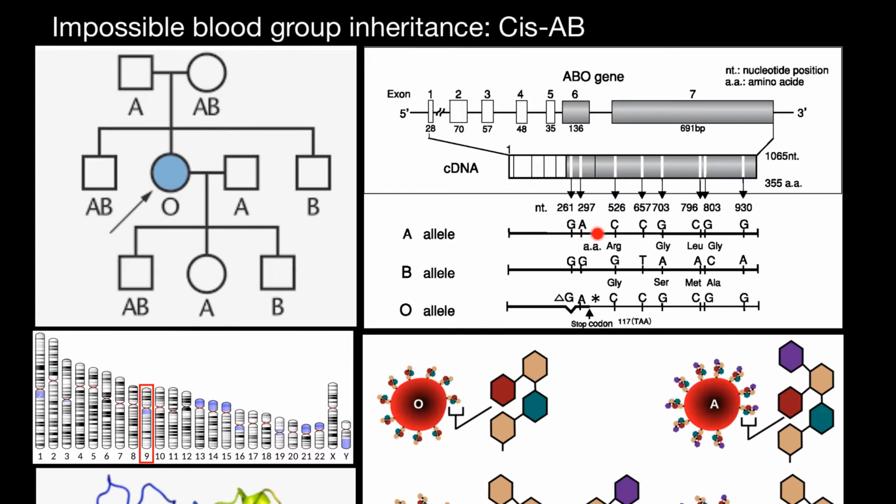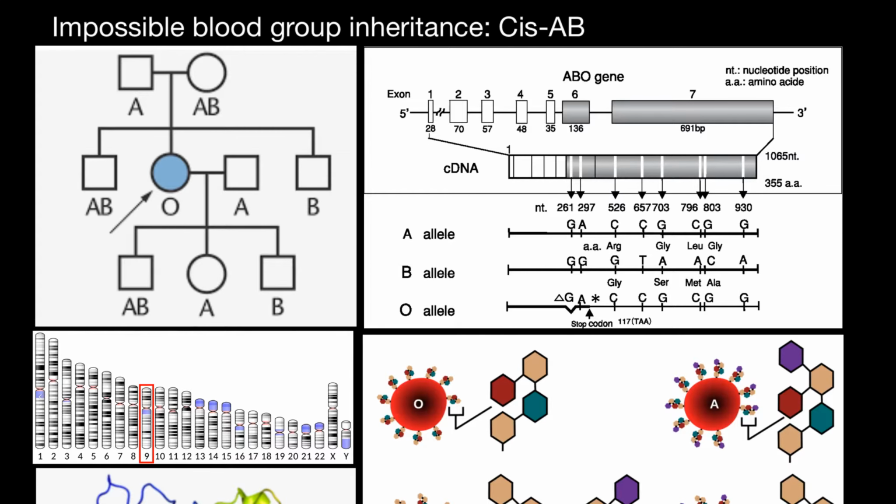And this time, if in the first case this change of the nucleotide didn't change the amino acid sequence, this time this nucleotide change does change the amino acid. So here we see in the A allele arginine, and here we see in allele B glycine. And we also have another point mutation here. Again, it doesn't change the amino acid sequence, but this change does change the amino acid sequence.